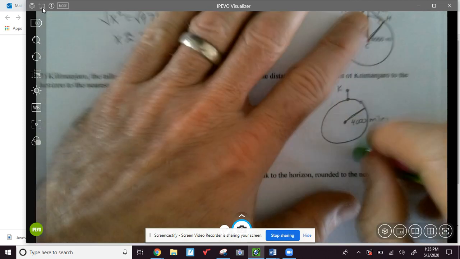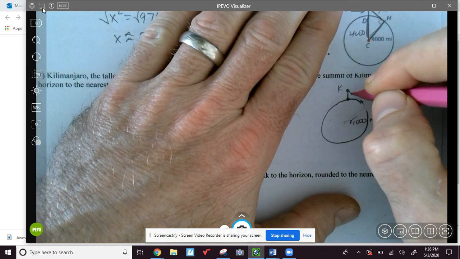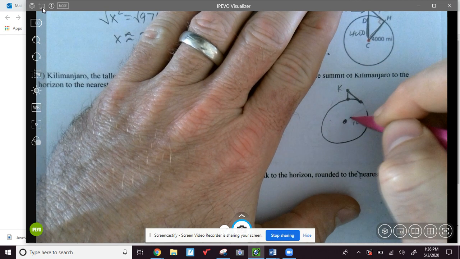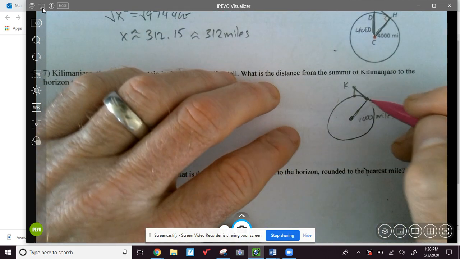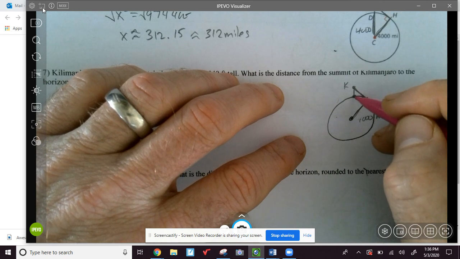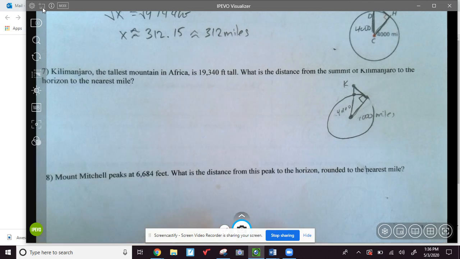Let's make this a little more sensible. If this person looks, we need to draw a radius at the point of tangency right there. That forms a right angle, and this radius is also 4,000 miles.